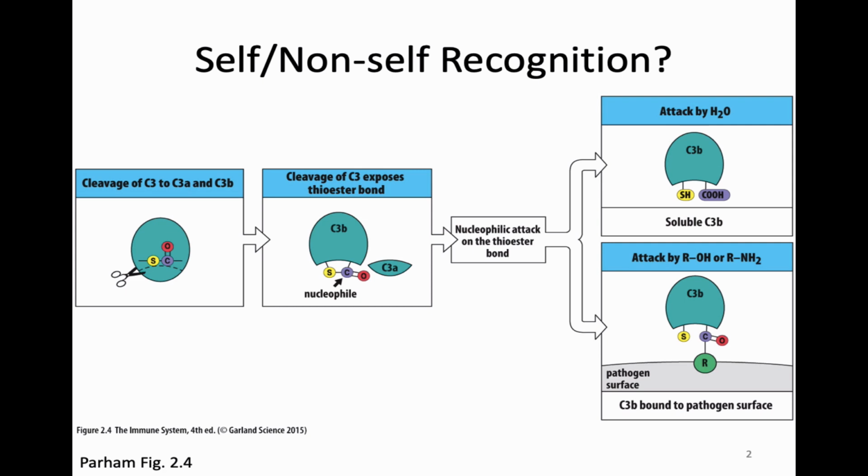So when we talked about the alternative pathway, we saw this molecule C3 that had a strained thioester that was able to undergo spontaneous cleavage and attach to different surfaces, pathogen surfaces as shown here, or lots of self surfaces. And we talked about how all of our cells have complement inhibitors that are able to remove that bound C3.